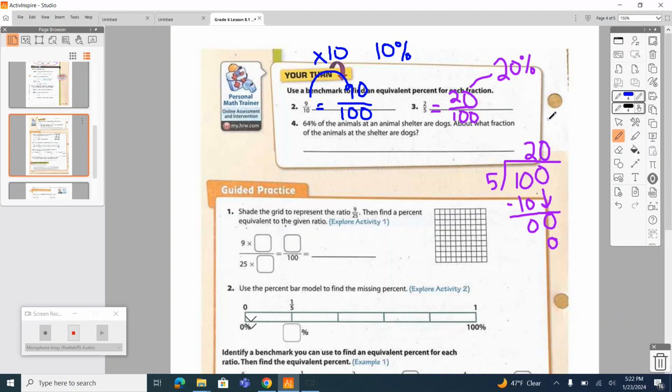So, a few things I want you to be able to do here. You should be able to say 64 over 100. If we wanted to simplify that, so let's talk about this.